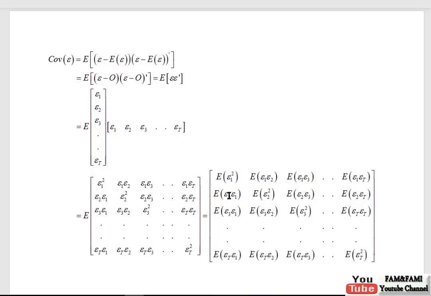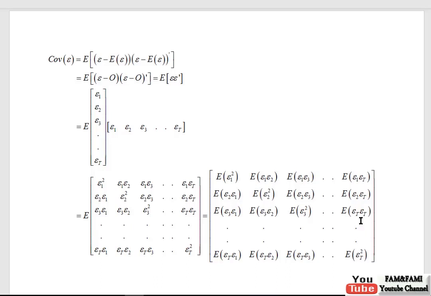Look here, expected value epsilon 2 1, then 3 1, then t 1, all these will be replaced with 0. Look here, 3 2 and epsilon t epsilon 2 and 2 3, epsilon 2 epsilon t, and here by the way this is epsilon 3 t, so please take note of it, this is expected epsilon 3 and epsilon t.